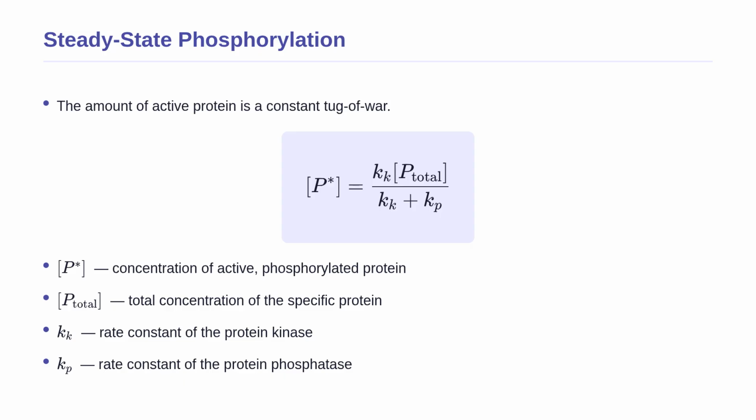The symbol Kk is the rate constant of the kinase, showing how aggressively it adds phosphates. The symbol Kp is the rate constant of the phosphatase, showing how fast it removes them. If the kinase rate increases due to a hormone, the active protein goes up, but if the phosphatase rate increases, it goes down.